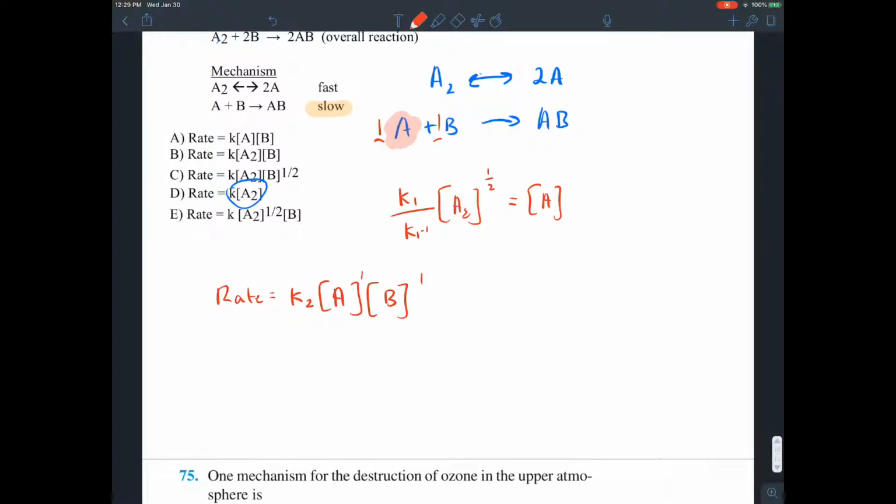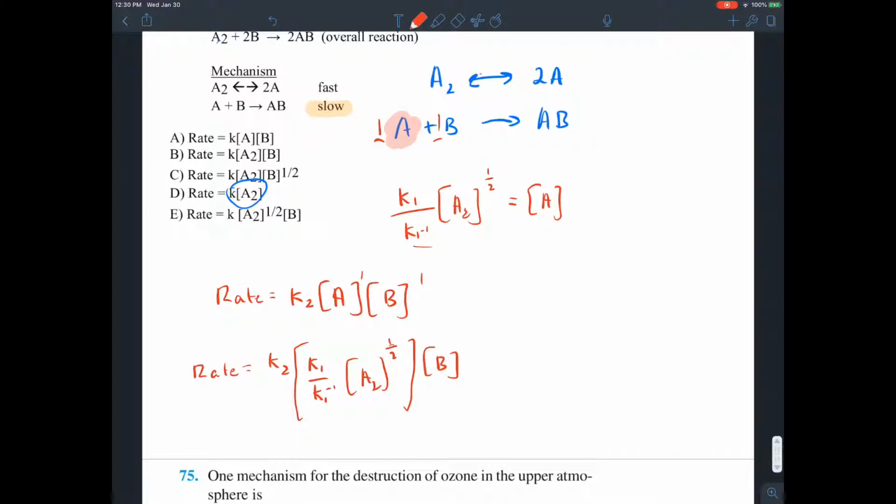Now, because I just made a substitution for A, I can substitute this whole bit here into the part here for A, which is exactly what I'm going to do. So then I get this new equation, which is rate is equal to K2, and I get K1 inverse, and I get this A2 to the 1/2 power. And then I still have that B hanging out here.